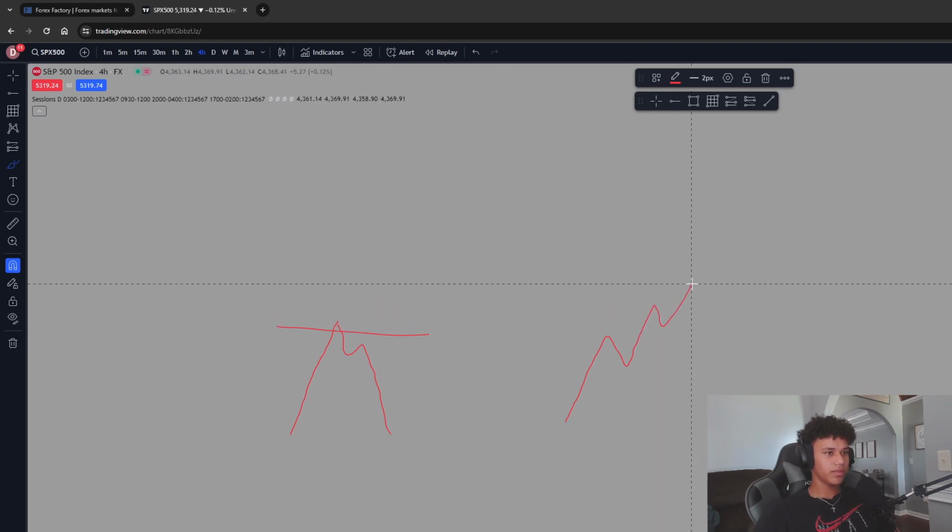So when price breaks below that higher low, that's a break of structure. We can see in this example, price comes up, makes a lower high, and closes below there. That means it's a break of structure.